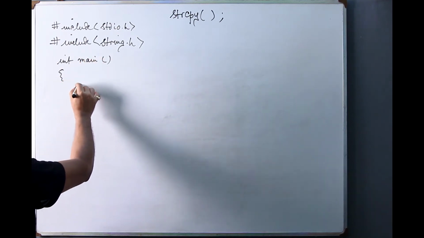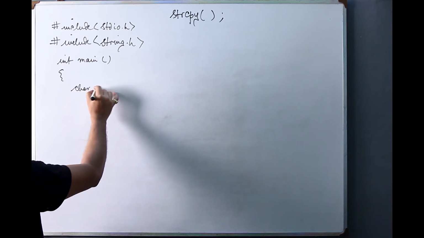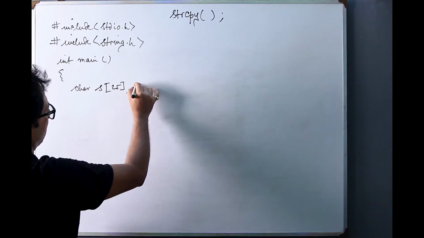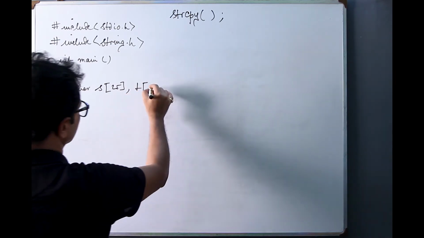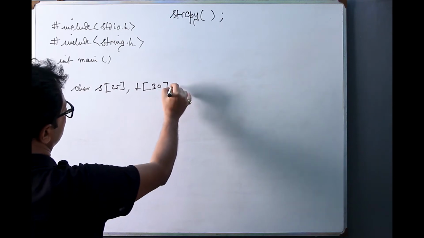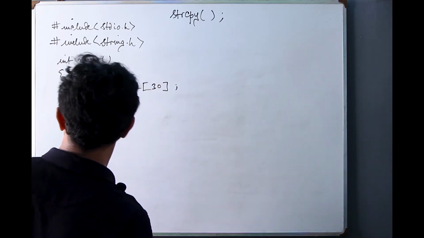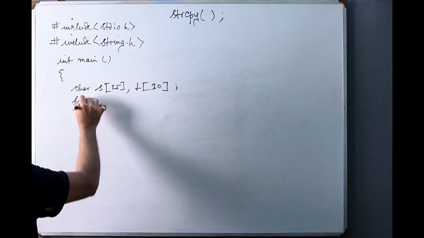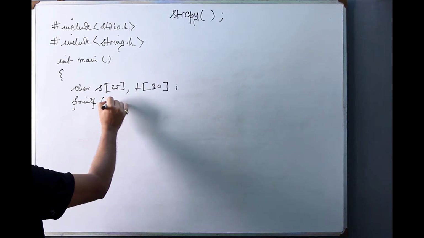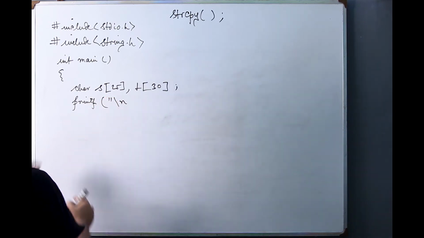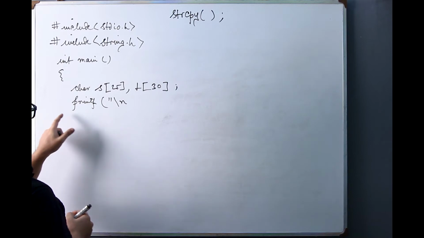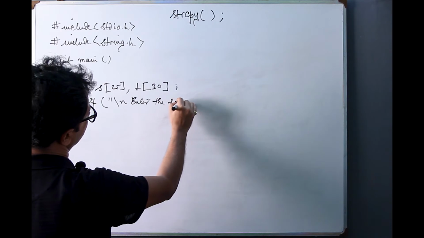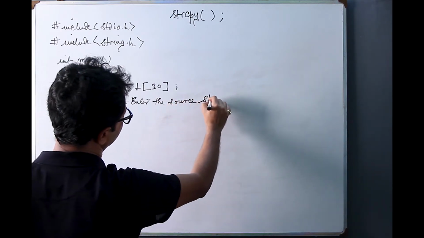Then we can take two strings, two character arrays like this: char s[25] and t[30], suppose. Now again we will give a prompt to the user with the statement printf, new line, enter the source string, or enter the first string, or anything else you can write.